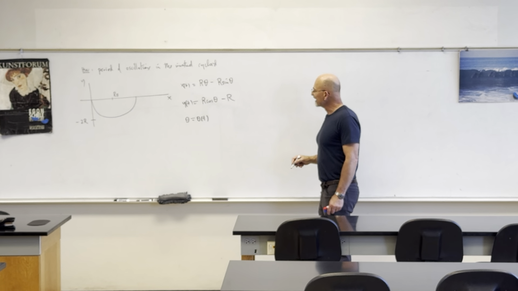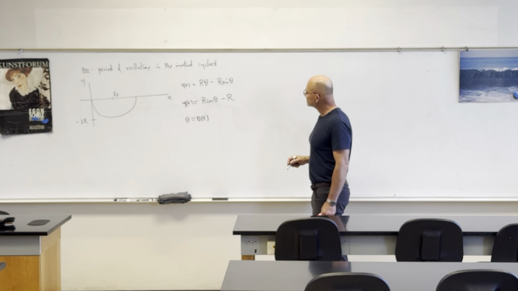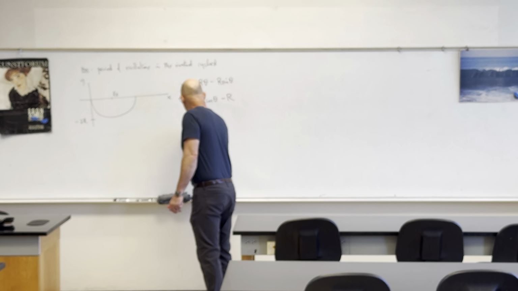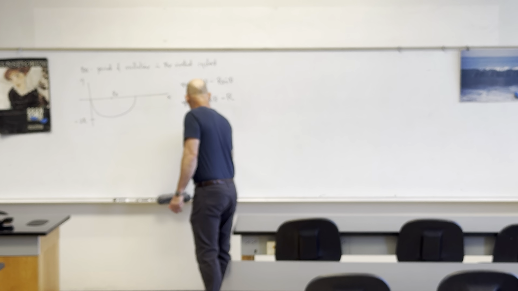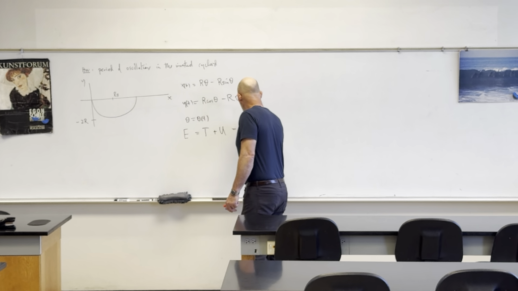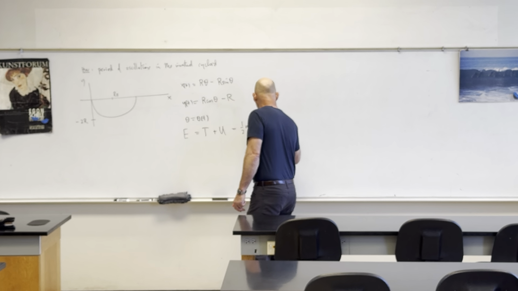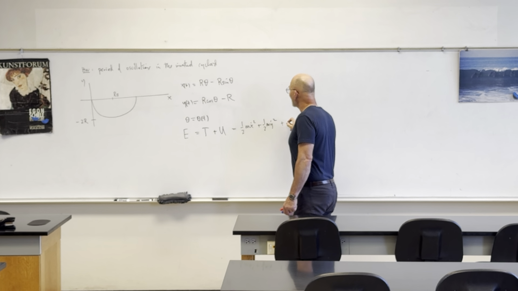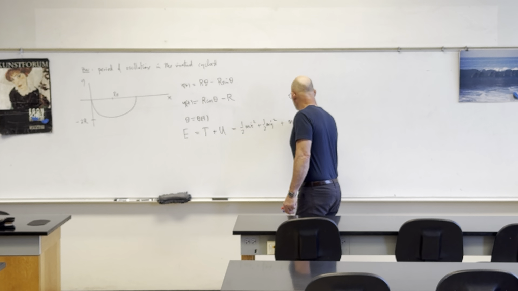And then if we want to get the energy, T plus U, we have to do 1/2 m x dot squared plus 1/2 m y dot squared, and then we have to add m g y.